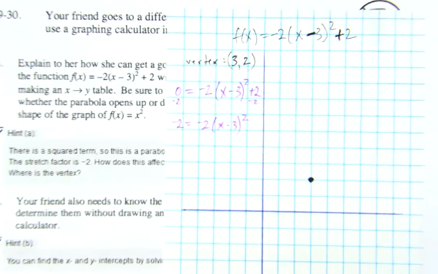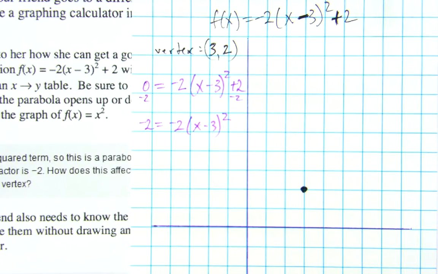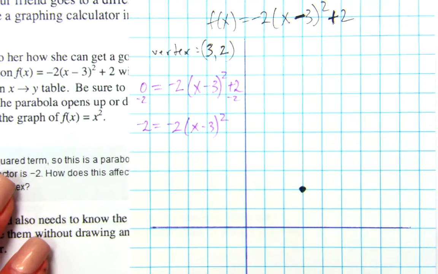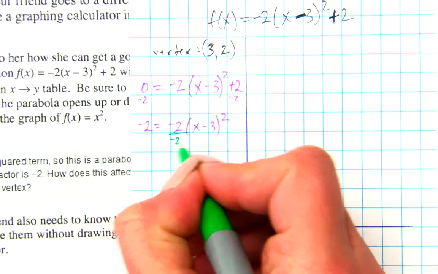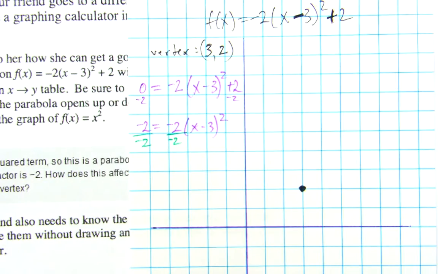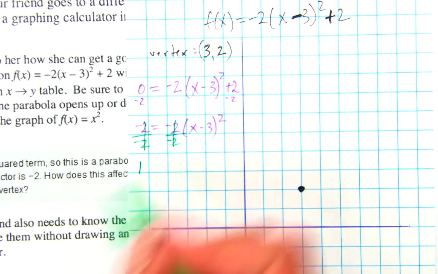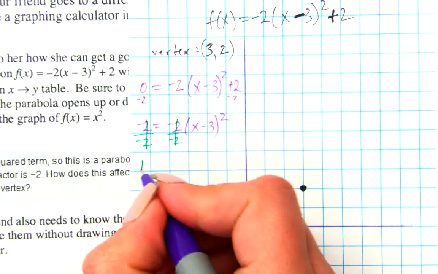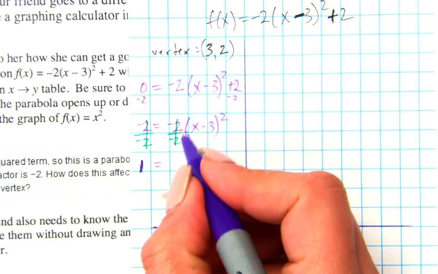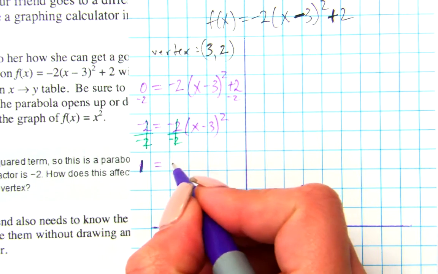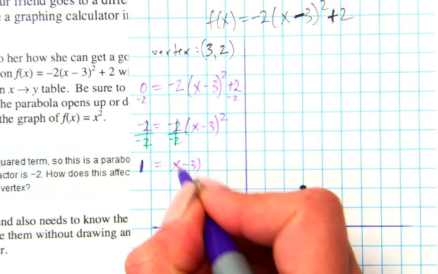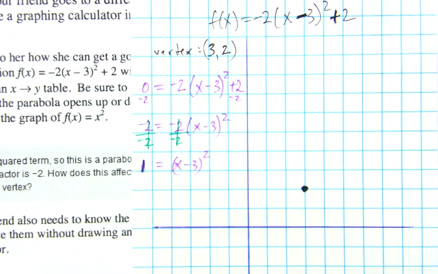Sorry if you can't see, I will zoom in. From the learning log today, you can't take the square root right now, so you have to divide. And lo and behold, that gives you 1 for each of them. So 1 equals x minus 3 squared. Now you can solve.